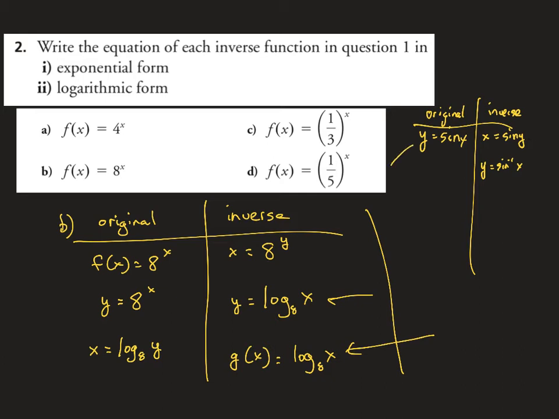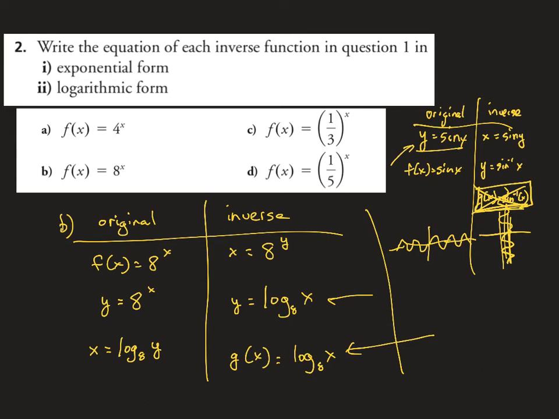Now for the original, I could say f of x equals sine x. That's no problem because this is a function. But I cannot say g of x equals sine inverse of x because this is not a function. If you remember, the graph of sine x is a repeating, periodic function. Well, that means its inverse goes like this, and this inverse would not pass the vertical line test, so you're not allowed to call it g of x.